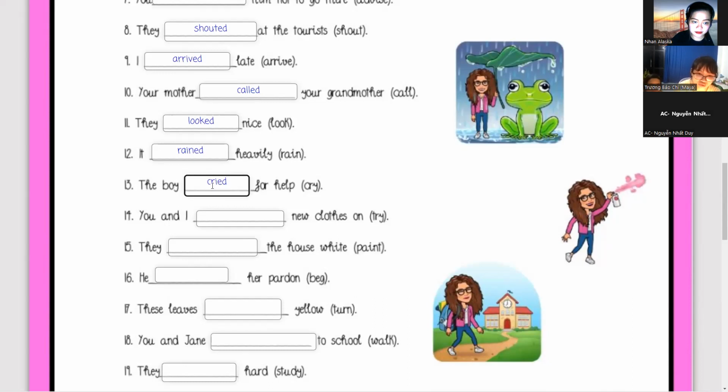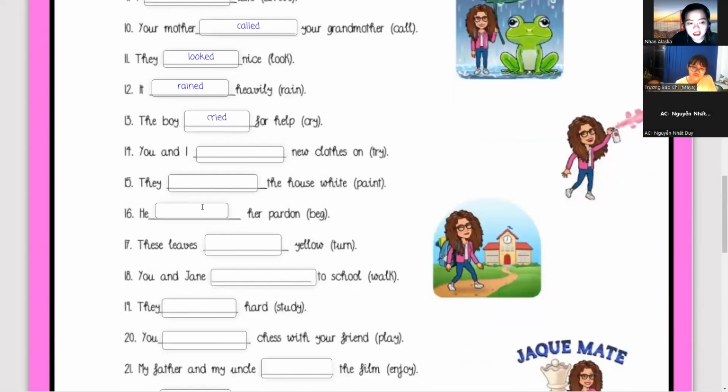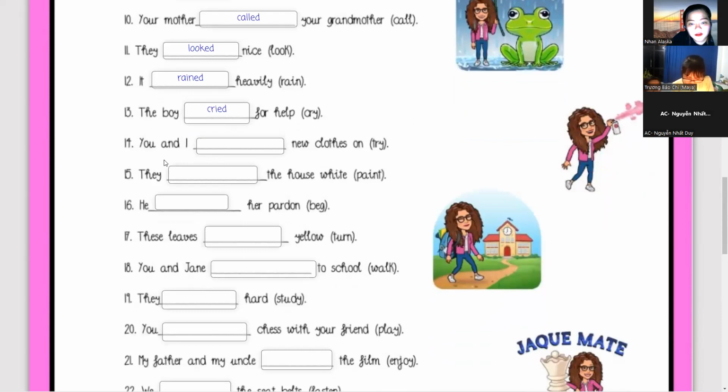Number 13. Actually, for this one, this is a spelling variation because you need to change Y to I and add ED. But anyway, it's in here already. Number 14. You and I tried. Yes, correct. 15.